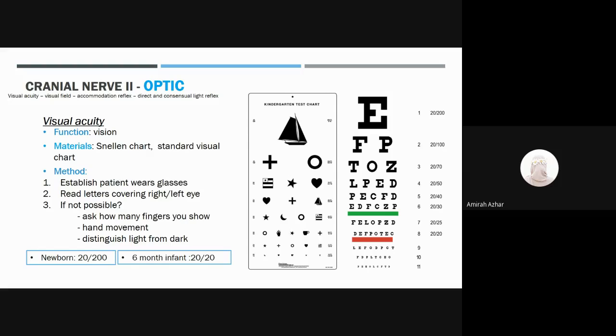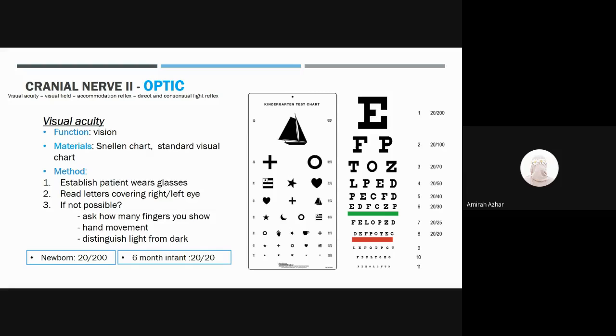So how do we do it? We first establish whether the patient is wearing glasses or not, and we ask the patient to cover their right eye or left eye and read the letters or the picture from the biggest until the smallest. If this is not possible, we ask how many fingers you are showing, your hand movement, and also whether they can distinguish light from dark.